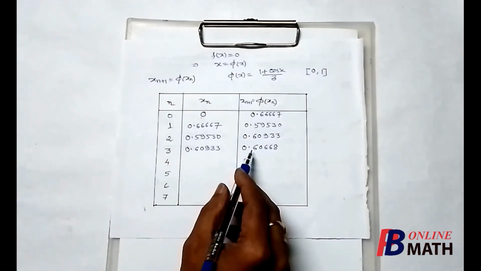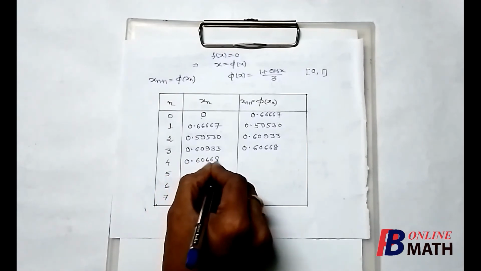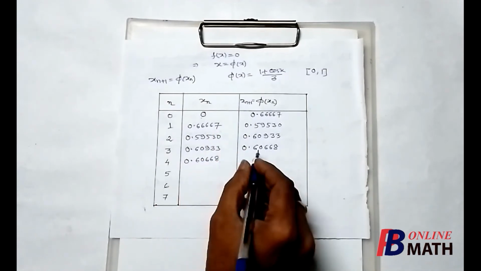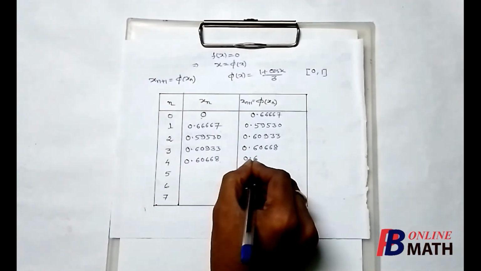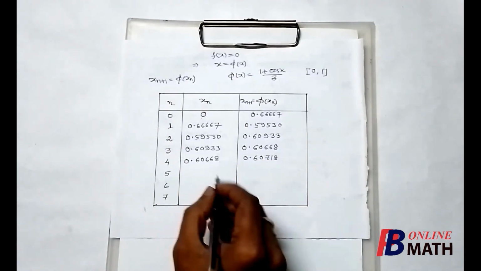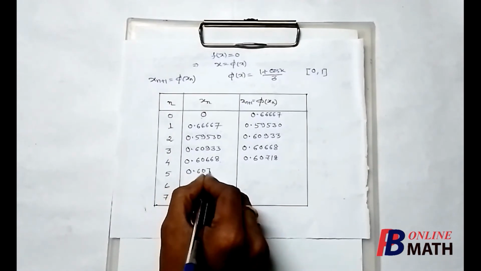Now the next value will be 0.60668. So if we put this value in this function, then the next value will be 0.60718. In the next step, this will be the value of x5, so 0.60718.